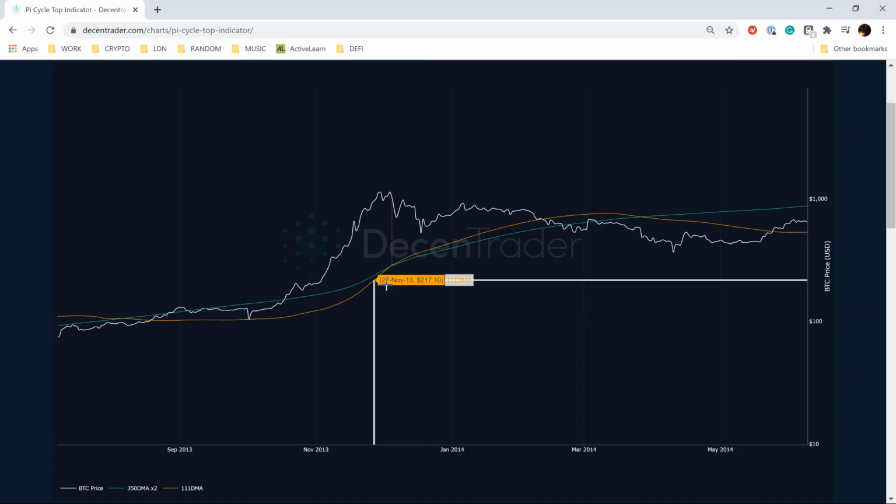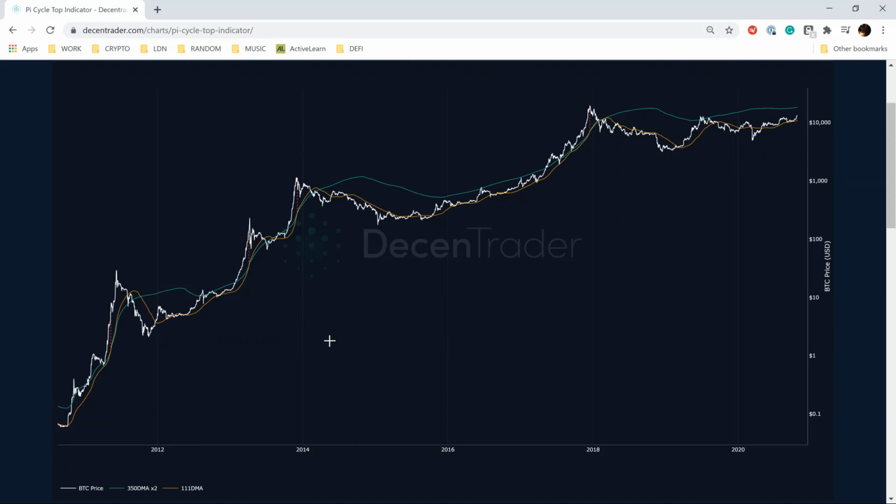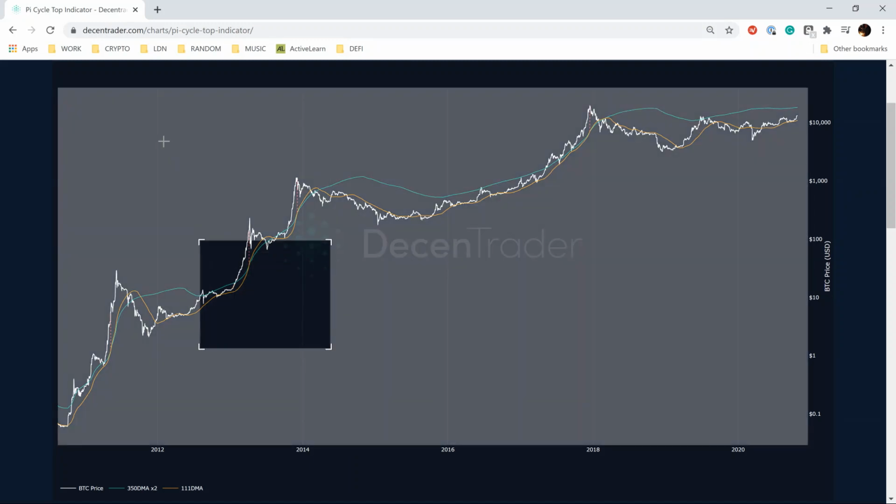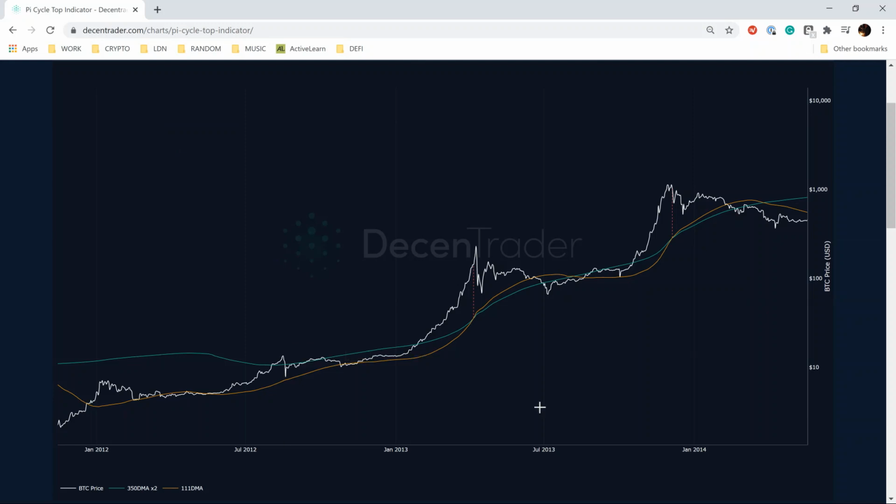Well, the 111-day moving average crossed up into the 350-day moving average ×2. And then if we look at the earlier high in 2013, so it was spring 2013, wasn't it? You can see here the 111-day moving average crossed up into the ×2 multiple of the 350 on the 5th of April, and then we had this sort of parabolic run up.